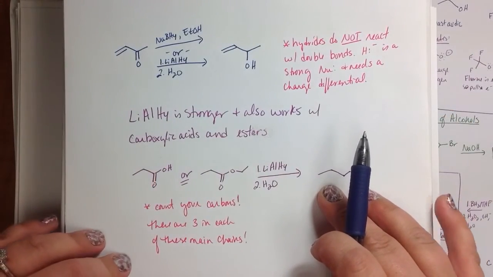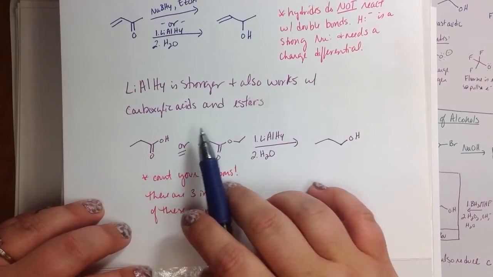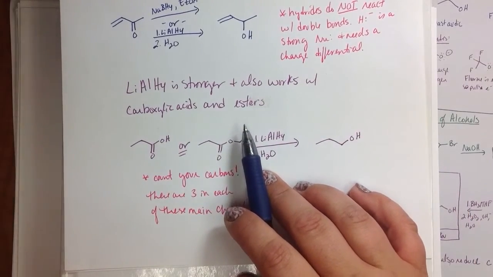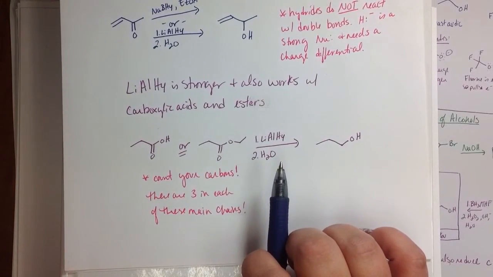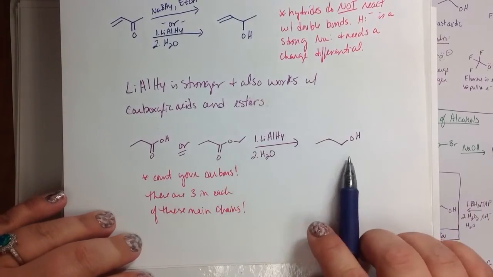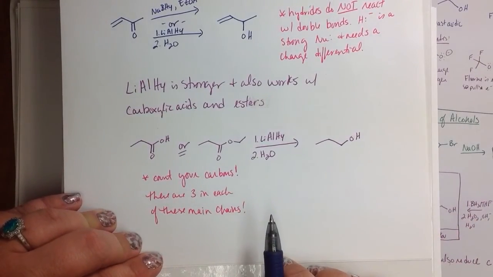Okay, there's no charge differential there. So lithium aluminum hydride will also work with esters and carboxylic acids. Yes, and will give you this OH. Yes, that is correct. Okay, good.